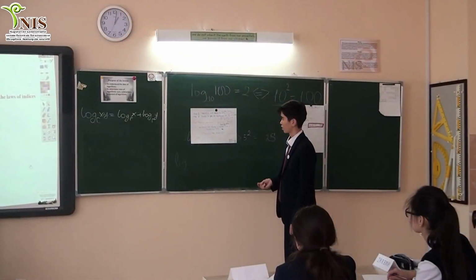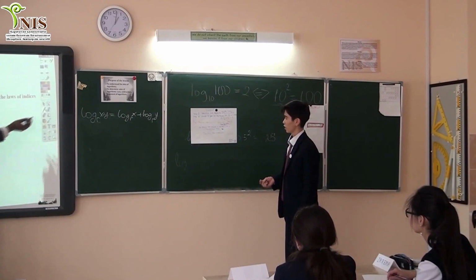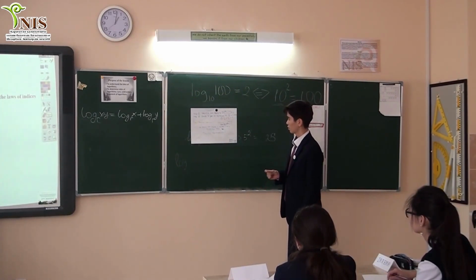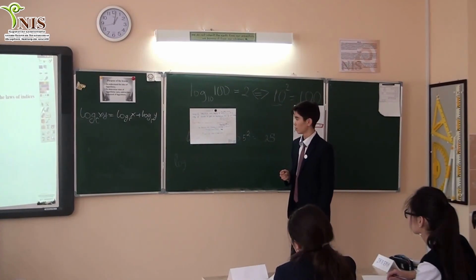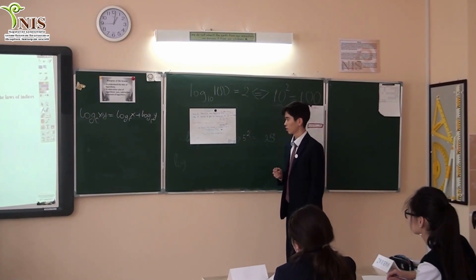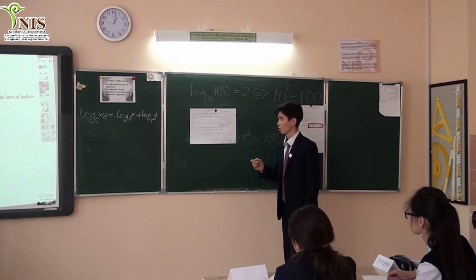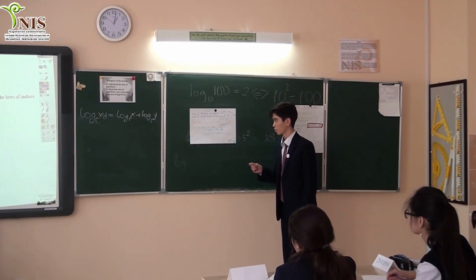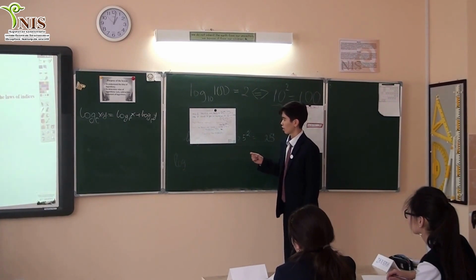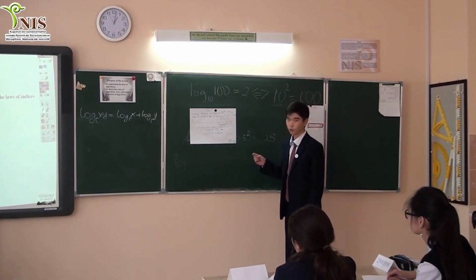Of x divided by y in the place of r is equal to p minus q. So then we replace p with log of x to base r, and same with q.